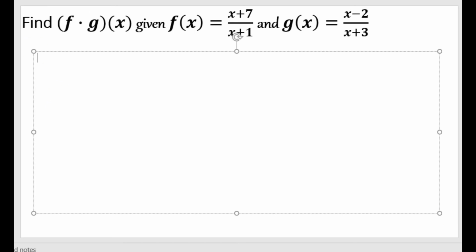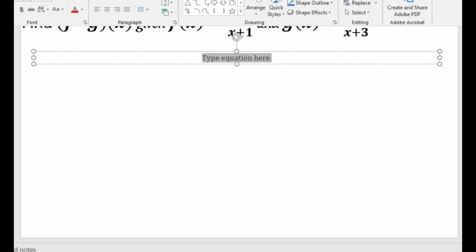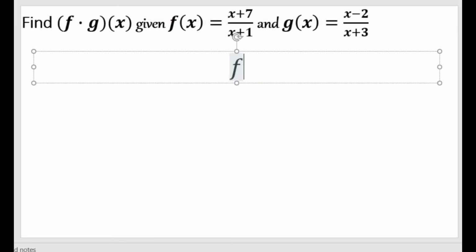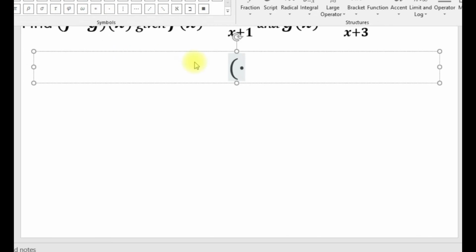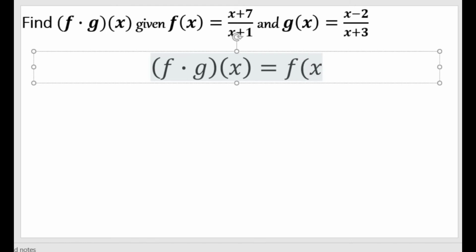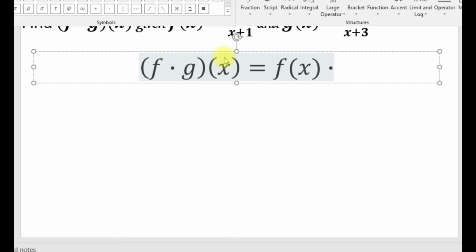Doing that, we'll have f of g of x is equal to f of x dot g of x or times g of x.